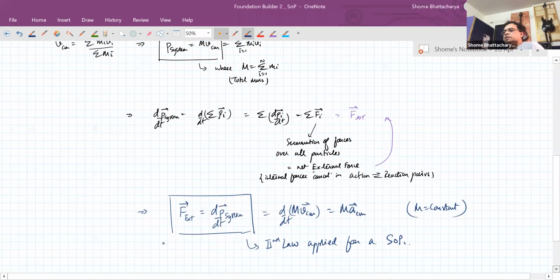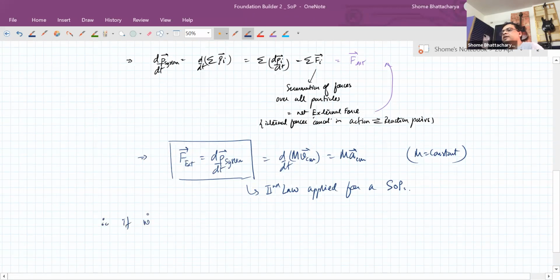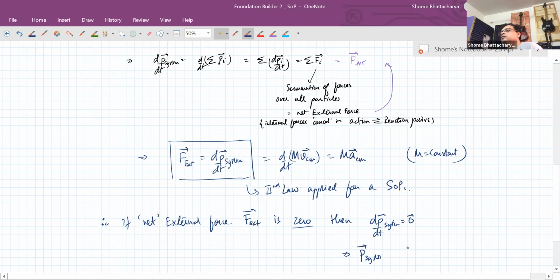So further, what we understand is that if the net external force on a system is 0, then the rate of change of momentum is 0, which means that the momentum is constant.